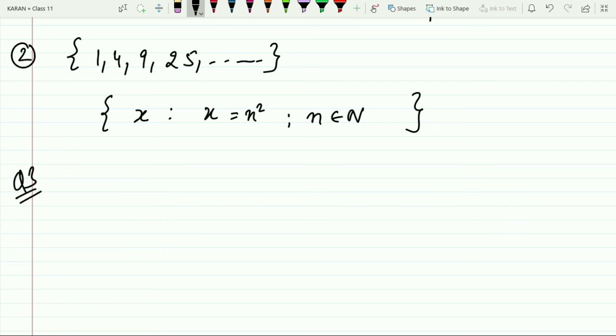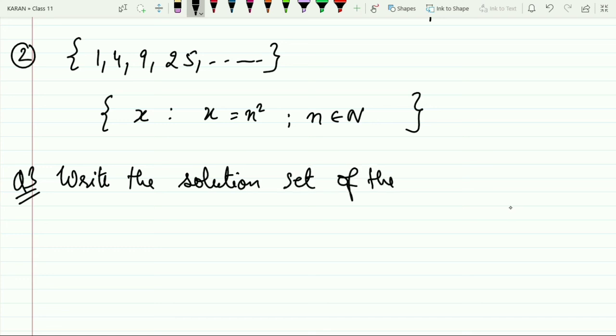Let me take one more example before we conclude this video lecture. Sometimes they ask in the exam to write the solution set of an equation. So they will provide you an equation, and then you have to write the solution set for that equation. For example, it is x square plus x minus 2 equals 0, right? And the solution set they have asked for is in the roster form, right?